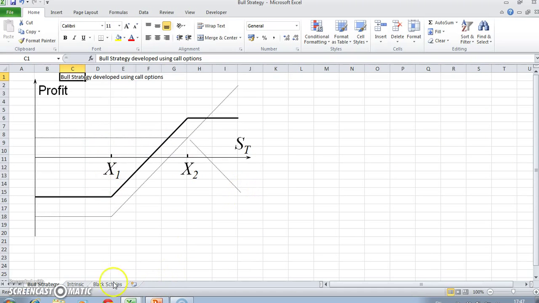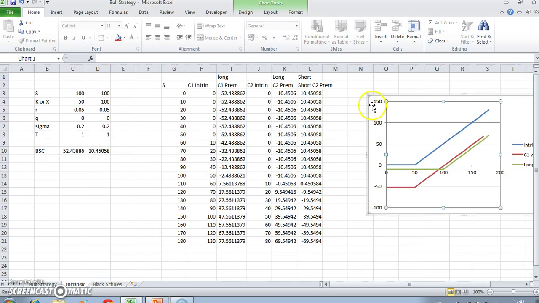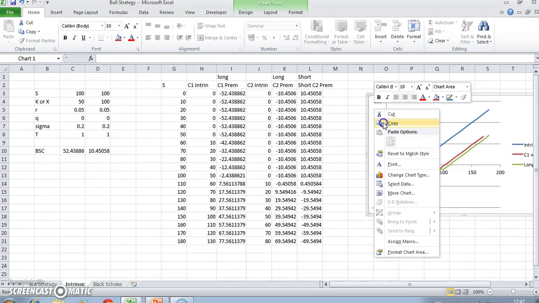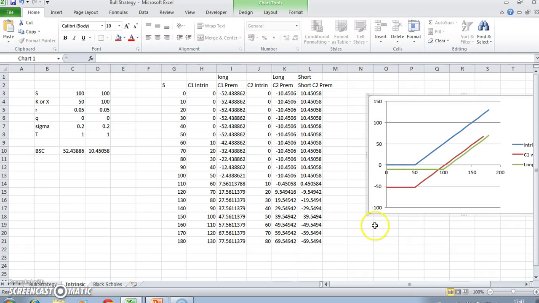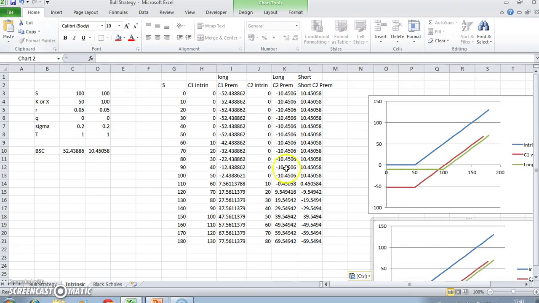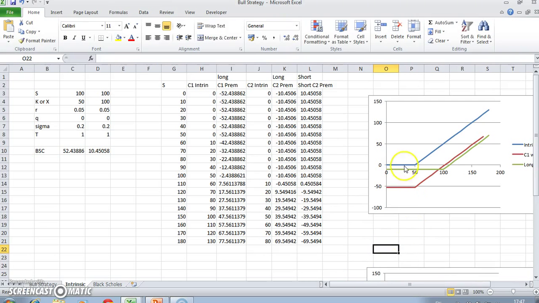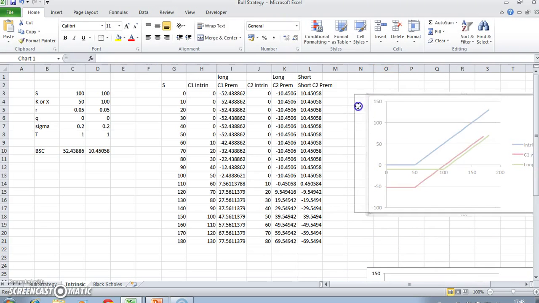I want the short position. I want that combination. So we might just copy the graph, and paste, and bring this down below.